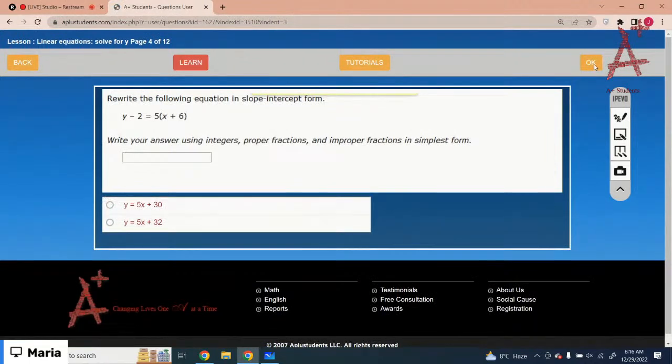Okay, the next one is rewrite the following equation in slope intercept form. Y minus 2 equals 2 times x plus 6. So which of the options is the correct one? The correct option is the second one. Got it? What option is y equals 5x plus 32?